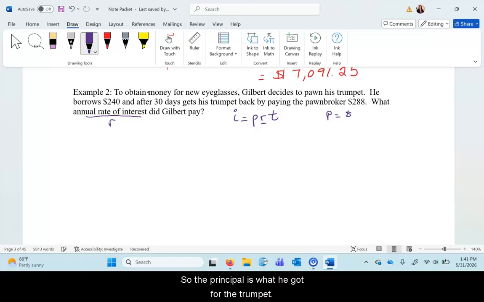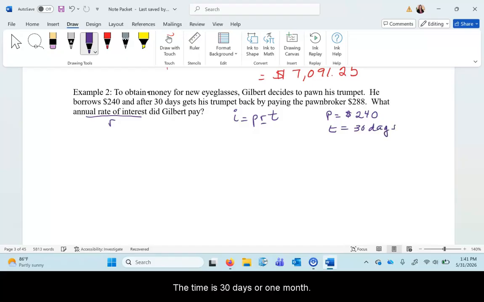So the principal is what he got for the trumpet. The time is 30 days or 1 month. So that would be 1 month out of 12, because remember, we said with the formula, time has to be in terms of years. So 30 days would equate to 1/12 of the year, right? But then we still need to figure out what I is. It's the interest. So let's go back to the problem.